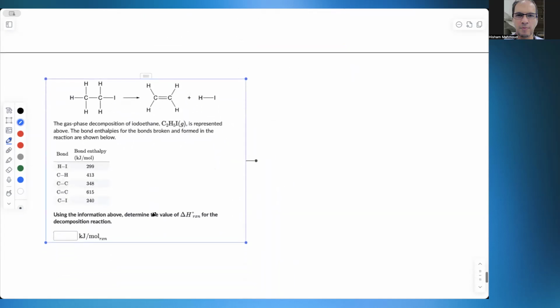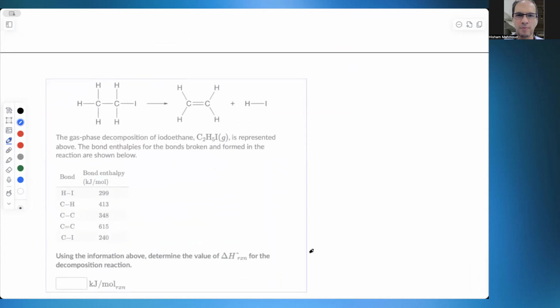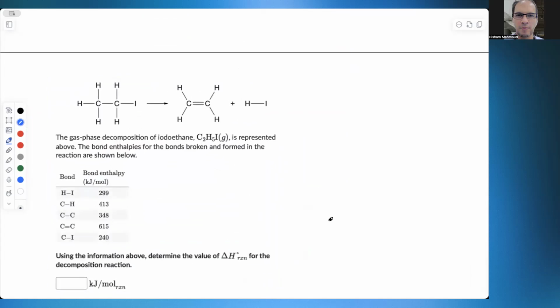So the bond enthalpy is just adding the enthalpies of the reactants together without missing anything, and then we will just subtract. So delta H is equal to the total of the bond enthalpy of what minus what?